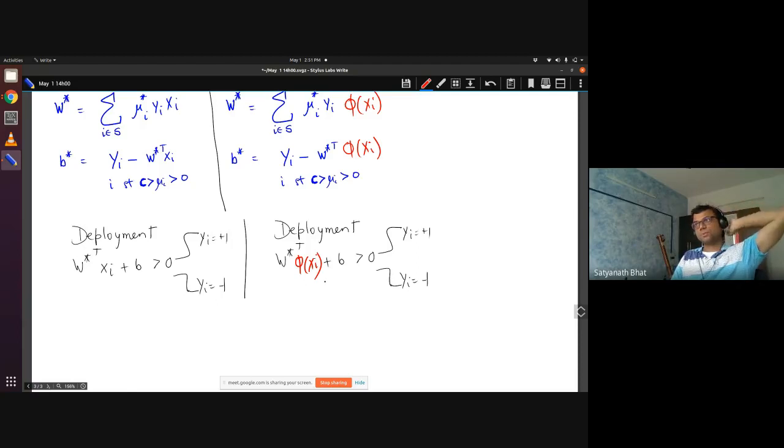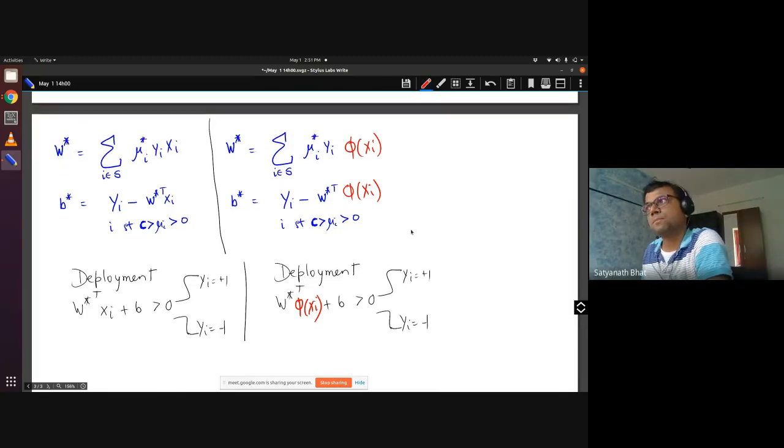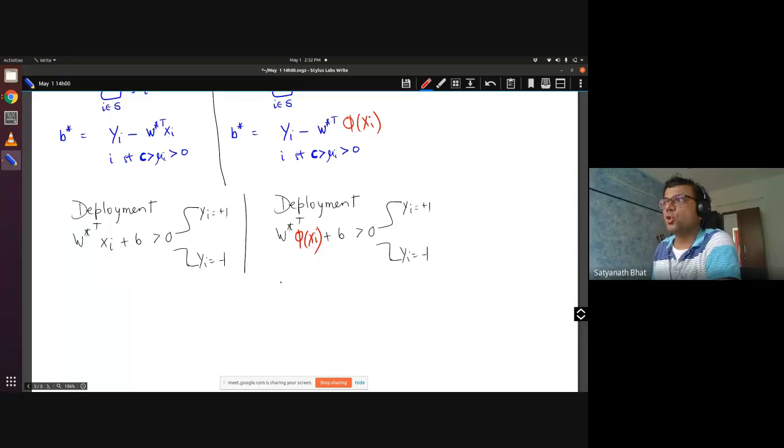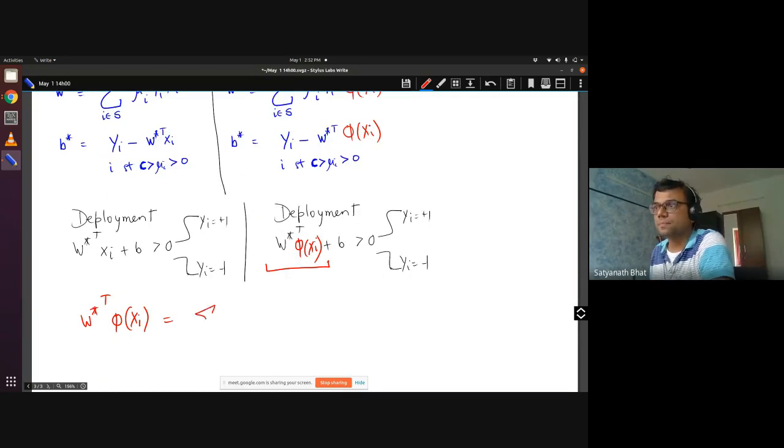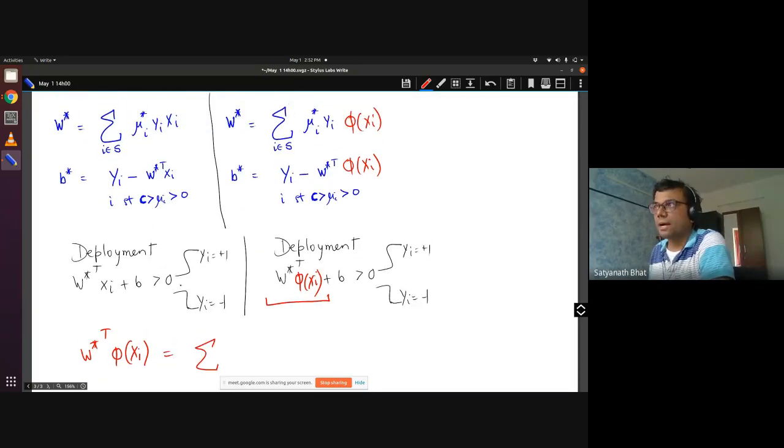Okay, so coming to this, I have to see how this works out for b, but I will just show you for this one term. When we are doing W star transpose phi of xi, it becomes the summation of mu i yi phi of xi transpose phi of the test point.